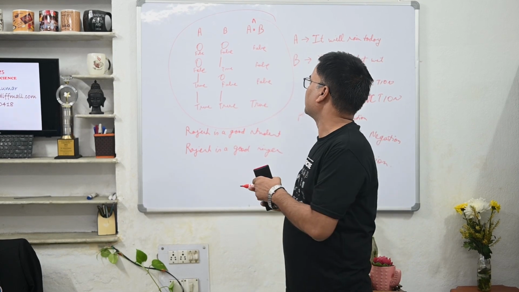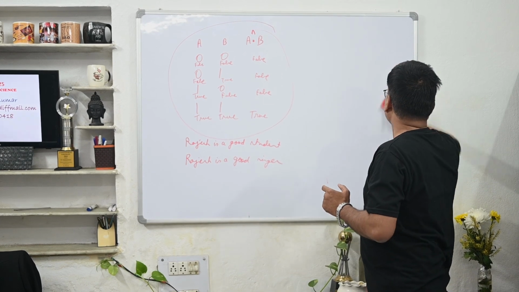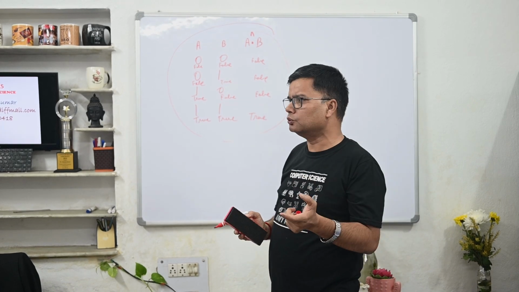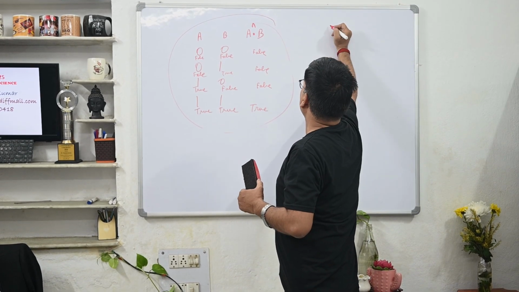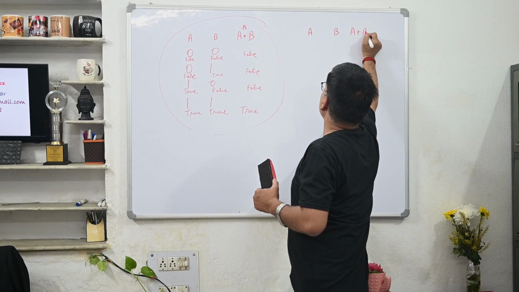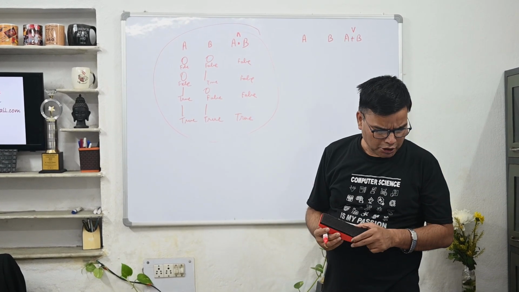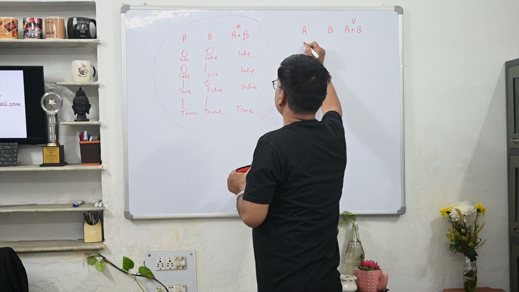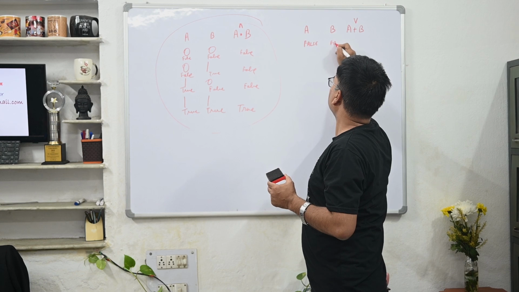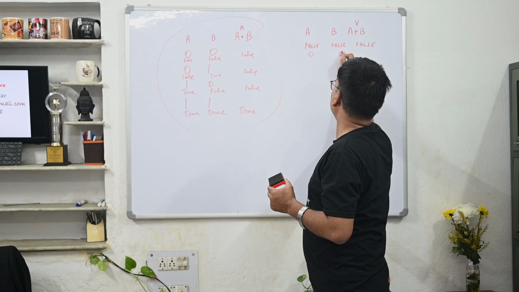Now let us talk about disjunction. Disjunction is a statement where we use the OR operation. OR means if either of the conditions is true, the output will be true. For disjunction, I have A, this is B, and this is A plus B. We can denote it with this symbol. Now false, false results in false, that is 0, 0, 0.